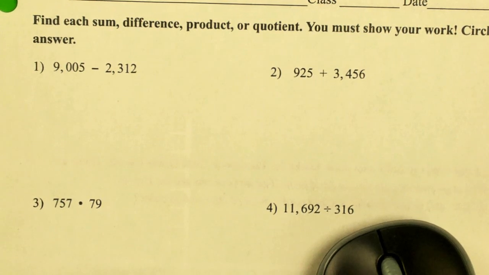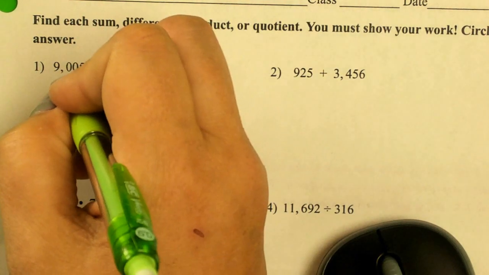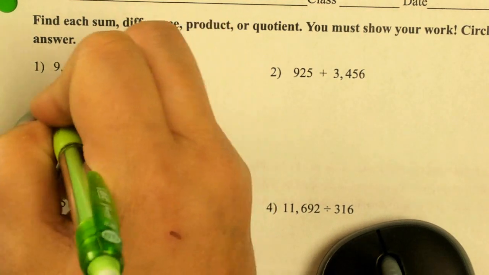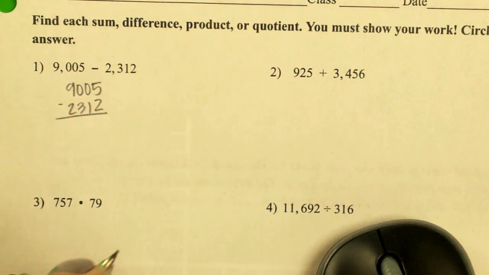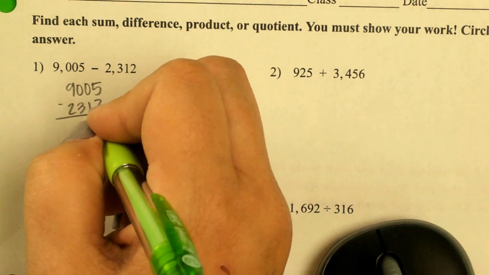Looking at number 1, subtraction. Can I ever change the order in which those numbers come? Not for subtraction. Remember, addition and multiplication, we can change them. That's called the commutative property. But for subtraction, they've got to stay in the same order. Okay? So, 5 minus 2 is 3.